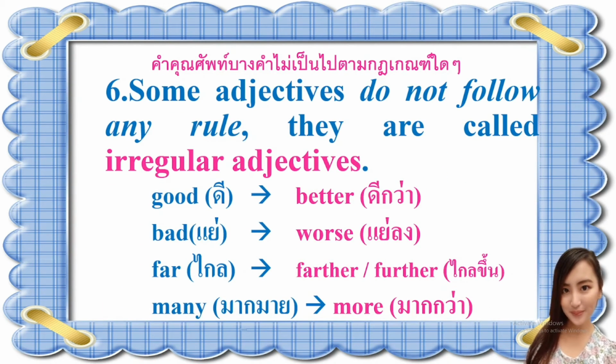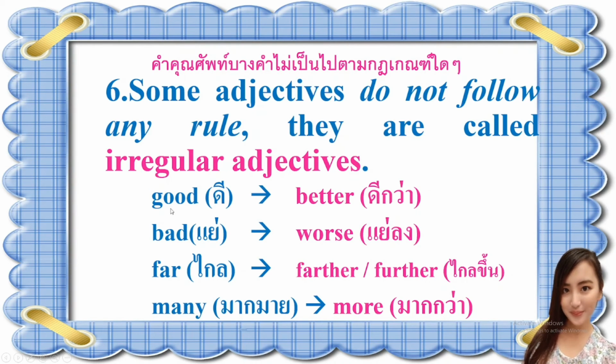Okay, next. This is the last one actually. Some adjectives do not follow any rule. They are called irregular adjectives. So they don't follow any rule in changing from the adjective to the comparative form, so they are called irregular adjectives.